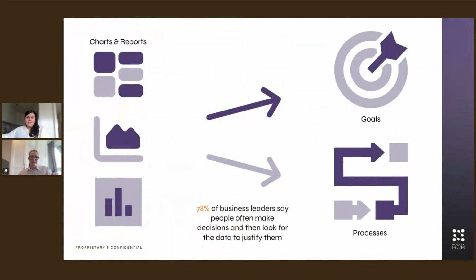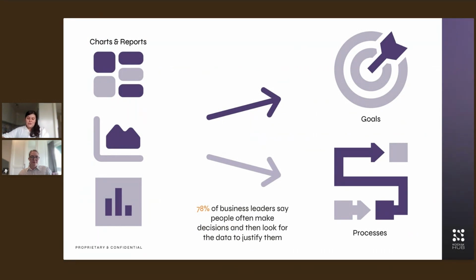We have this feeling that many people, especially with these numbers that we have seen from this article, go from the data first. They invest in data analysts, they invest in Power BI or any BI tool, create this amount of information, and then they think about their goals and processes.